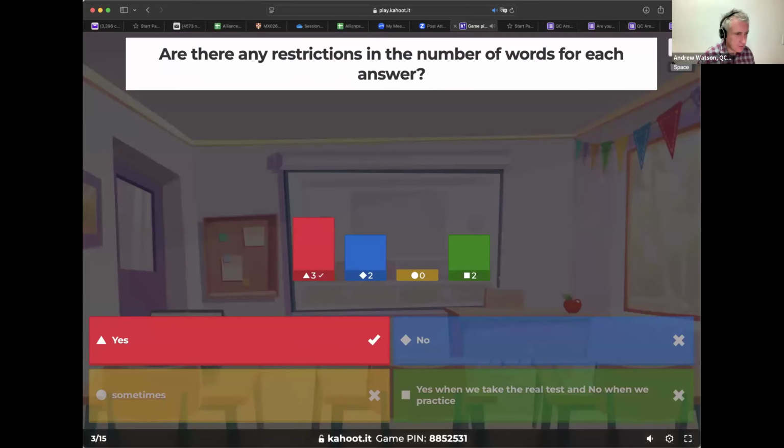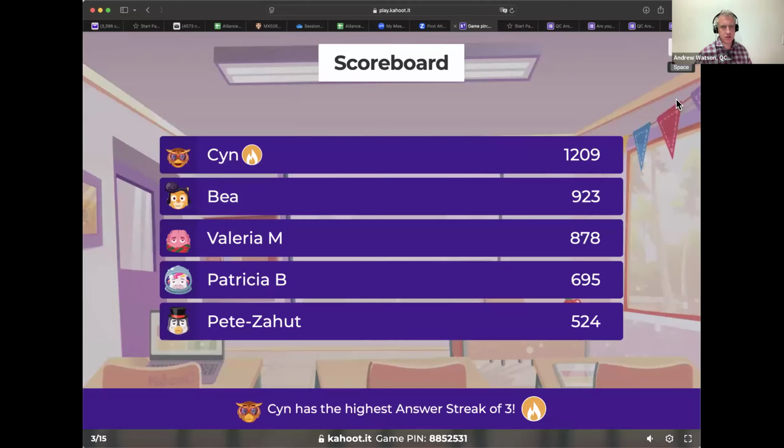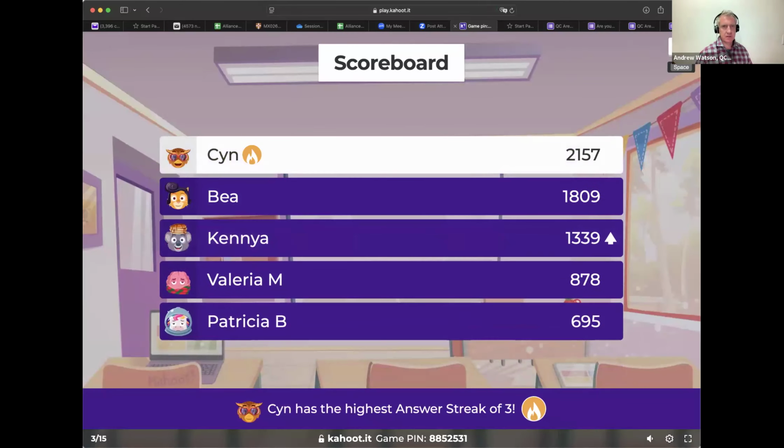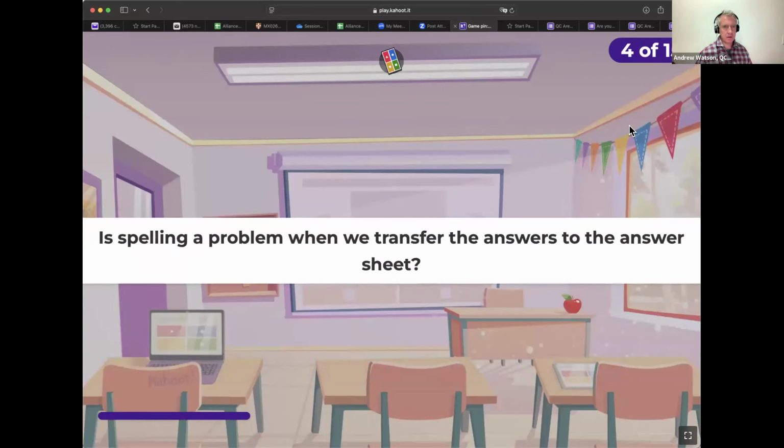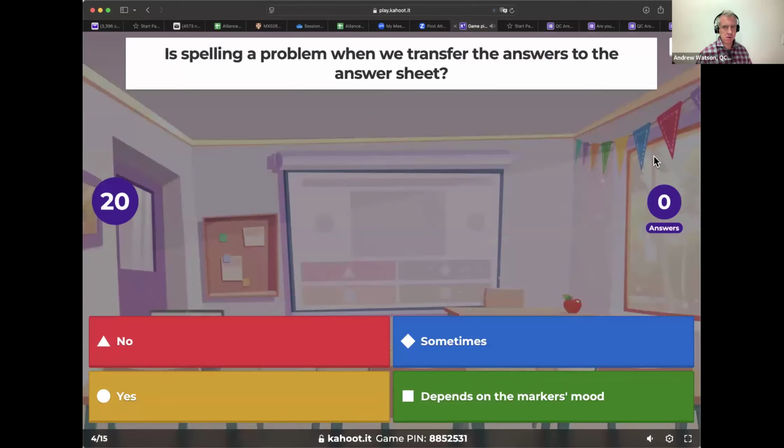So you have to be careful. You might have to omit articles or prepositions. Is spelling a problem? Can be.